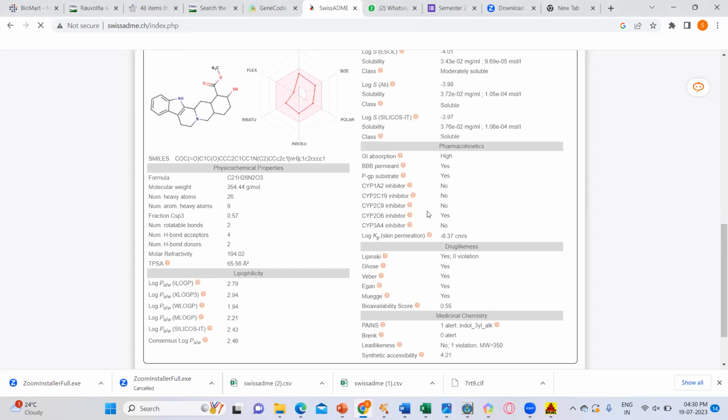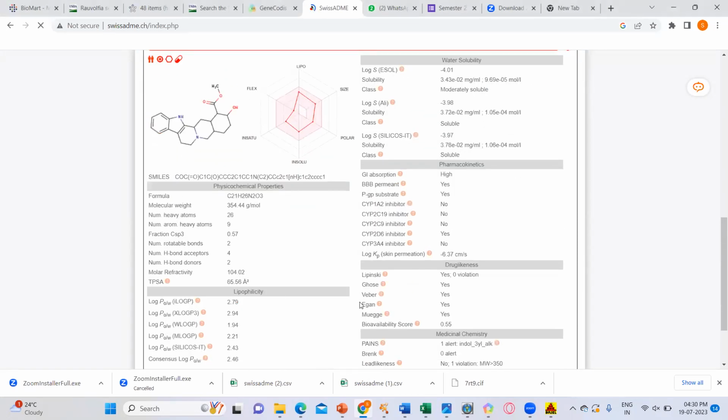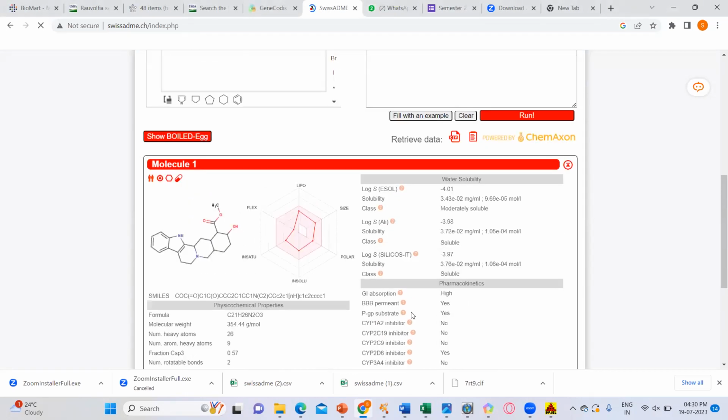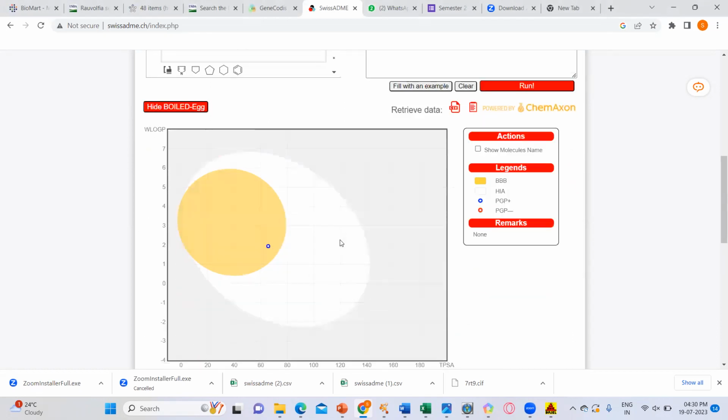So for this molecule, all the data on solubility, physicochemical properties, lipophilicity, and drug likeliness parameters are shown over here, wherein we can also see a BOILED-Egg, which shows whether the molecule can cross the BBB or whether it will penetrate the membrane or have absorption.